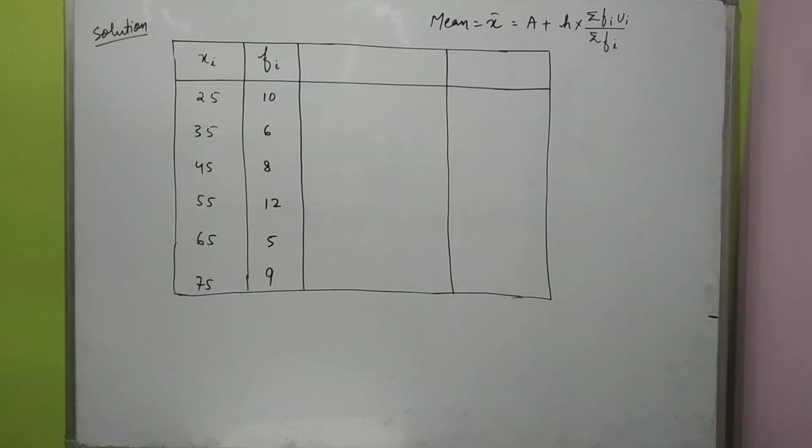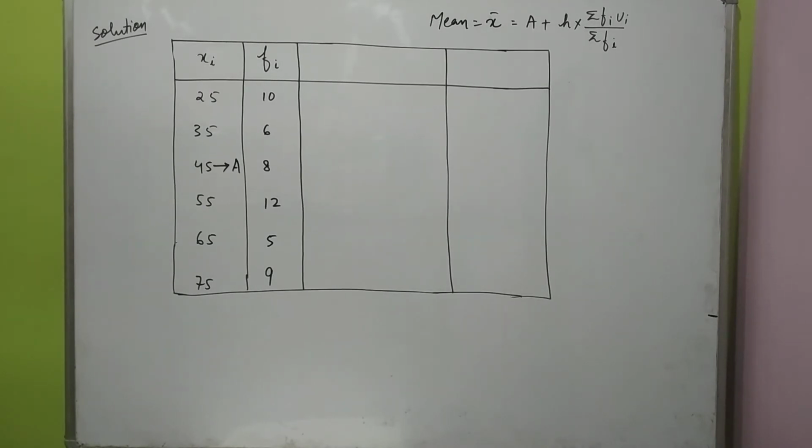The first one is A, the assumed mean. We have to assume one of the values of xi as the mean. The mid values here are around 45 and 55, but we have to take one value. So let us assume that 45 is our assumed mean.